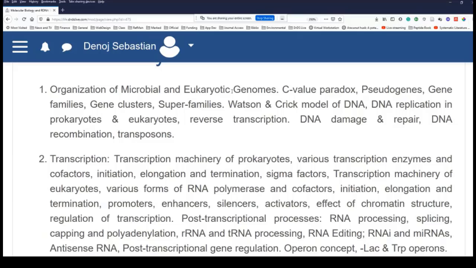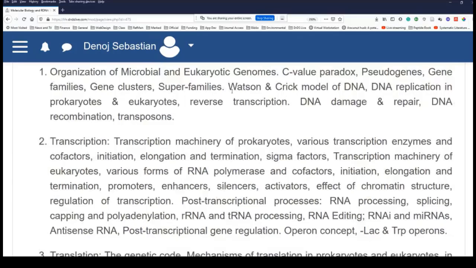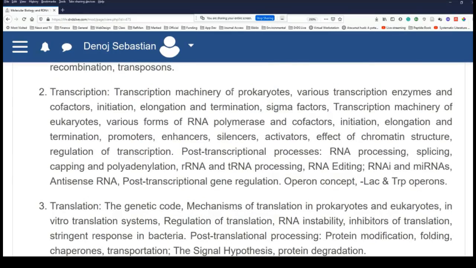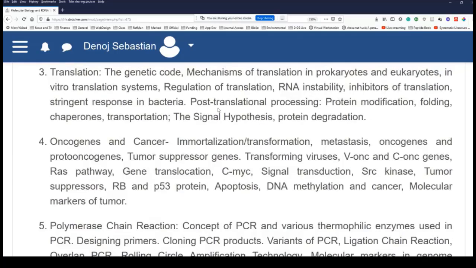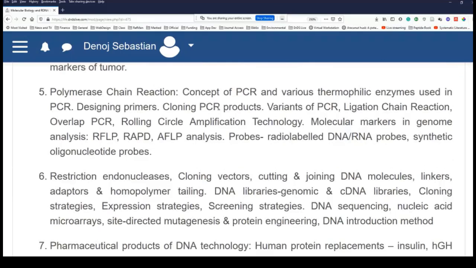then we will move forward to the next units, like the transcription. The second unit is on transcription and post-transcriptional modifications and the different concepts related with that, including the operon concepts. And the next third unit is on translation and post-translation modifications. Then the fourth unit is on oncogenes and cancer, then the related aspects or concepts. And the fifth unit will be handling PCR.